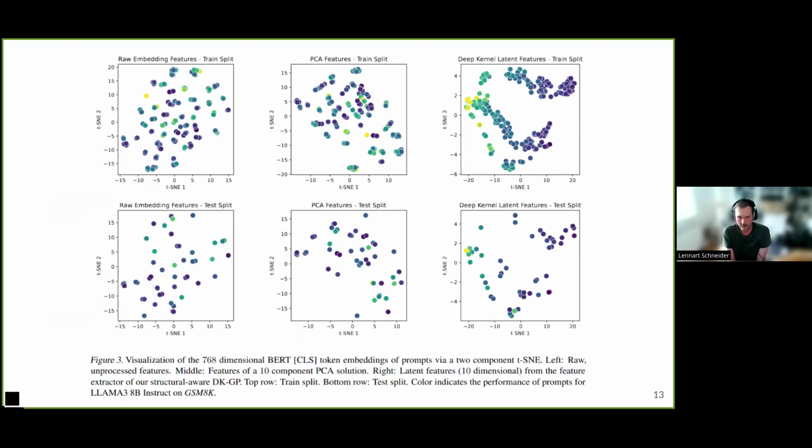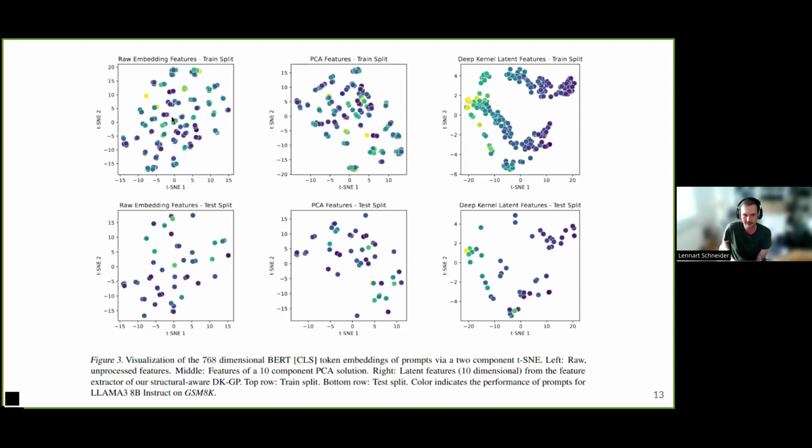Color means performance, and yellow is good and purple is bad, I think. And then you split the prompts into a train and a test split, 80-20%. On the top, you can then see the TSNE of the raw embedded space, so the 768 dimensions. I mean, TSNE also has its problems, but let's look at the figure.